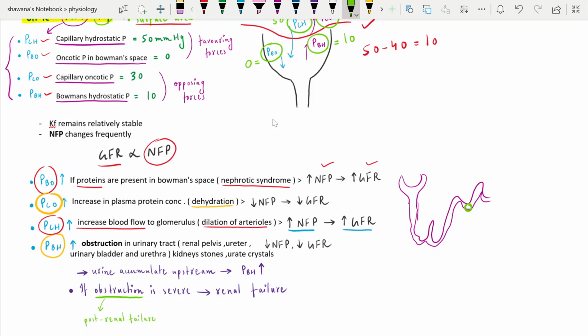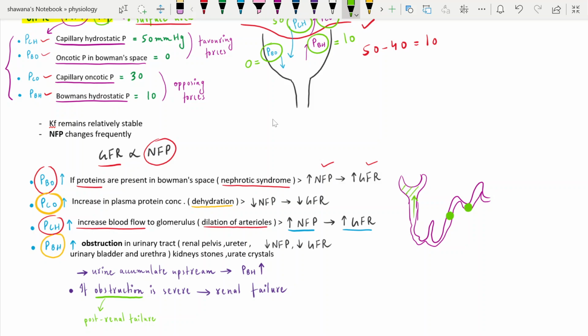If there is any obstruction at any point in the urinary tract, or in the ureters, the urethra or the urinary bladder, the pressure can build up right here in the Bowman space.